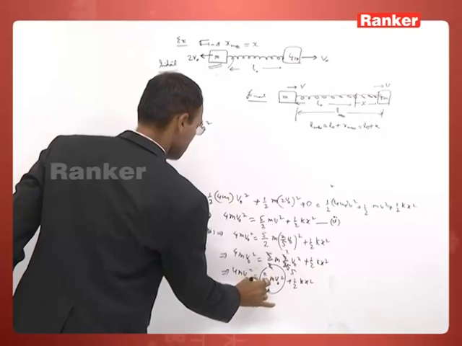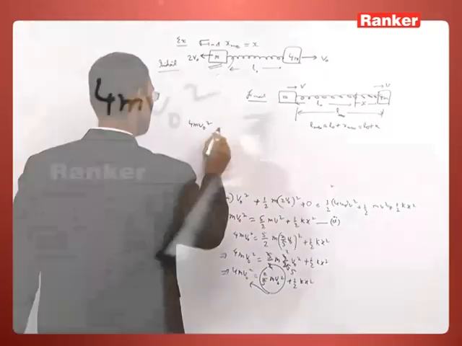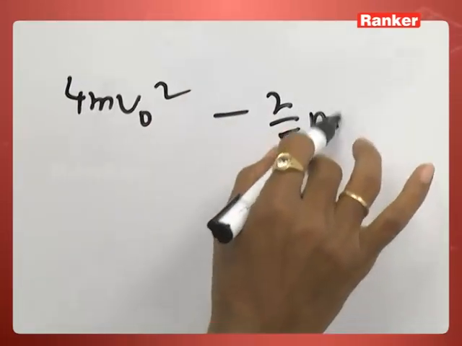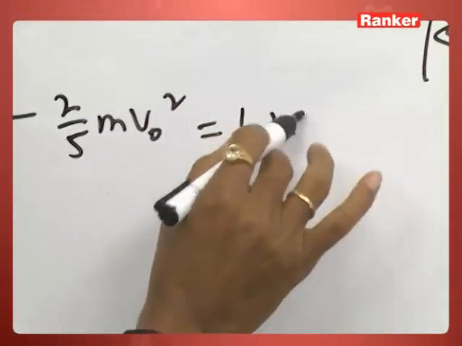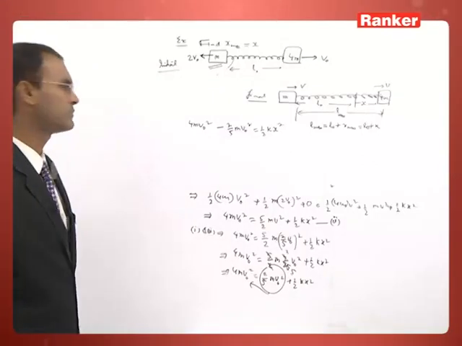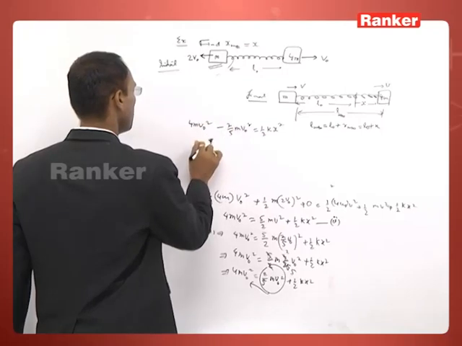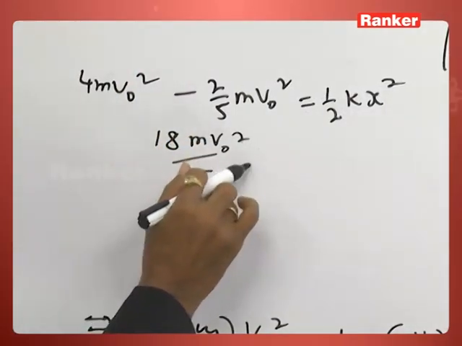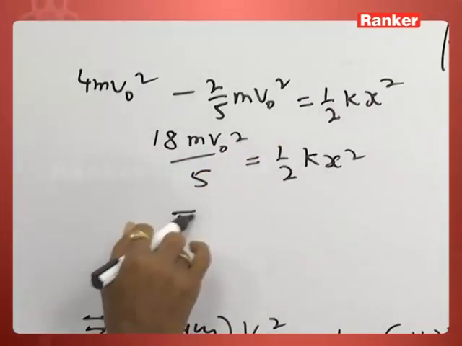You bring this factor to the left hand side, it becomes minus 2 by 5 m v naught square, equal to half kx square. 5 into 4 is 20, minus 2 is 18, so 18 m v naught square by 5 is equal to half kx square.